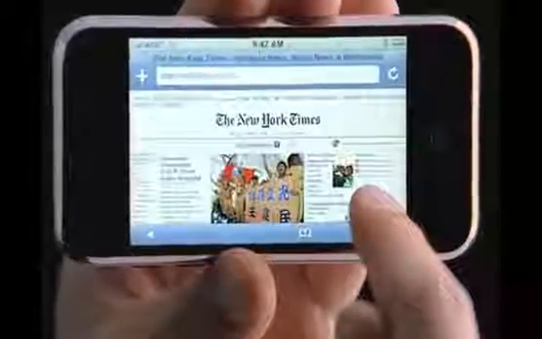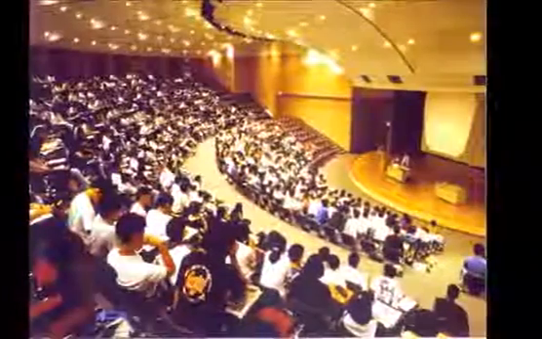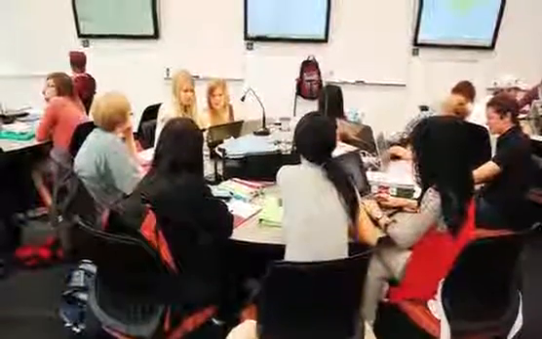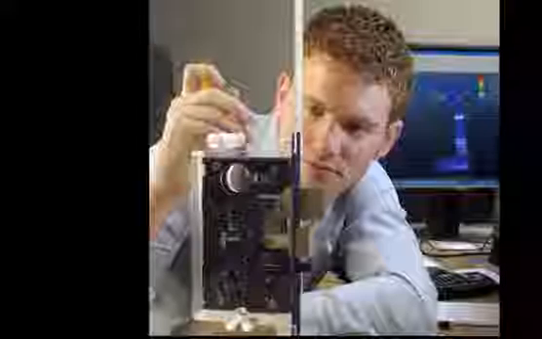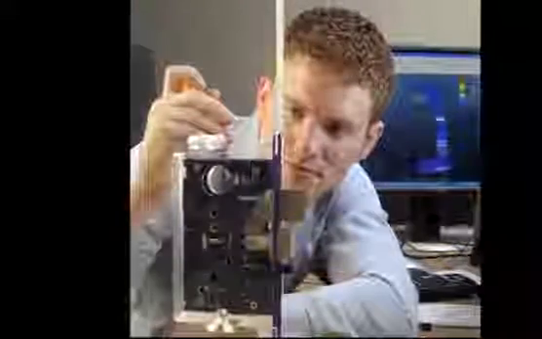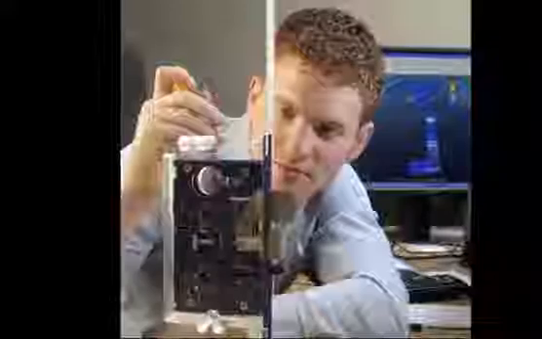We no longer want to sit in rows and be talked at by the sage on the stage. We want to be actively involved. We want to have discussions, and we need to be able to ask questions. Our schools are preparing our children for jobs that don't currently exist on technology that will be outdated by the time they exit our classrooms.